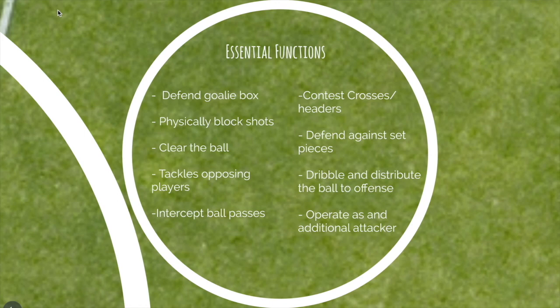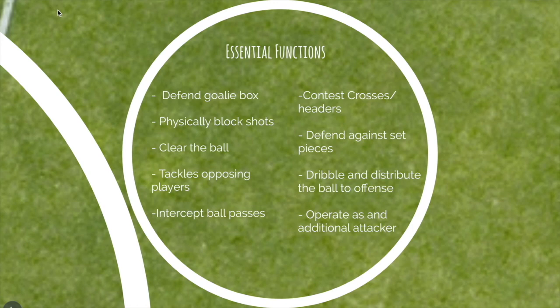They have to make timely tackles against opposing players making runs towards the club's goal. They need to intercept the opposing team's passes. They have to contest against crosses and headers aimed against the club's goal. They need to strategically defend against opposing clubs' set pieces.